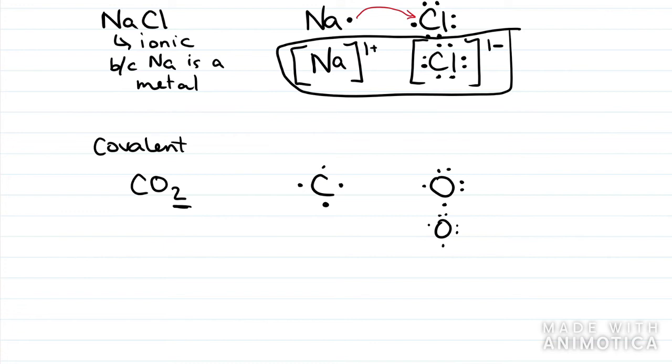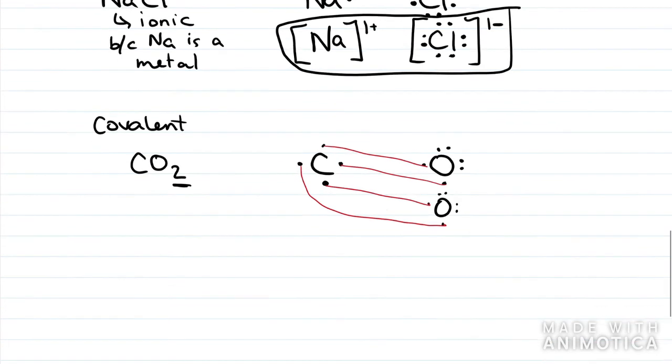So what's going to happen is these lone electrons that are all by themselves are going to be shared. This carbon is going to share with each of these oxygens. So this is going to be shared, this is going to be shared, this is going to be shared, and this is going to be shared. And to show that we're sharing, we're actually going to replace these dots with lines.